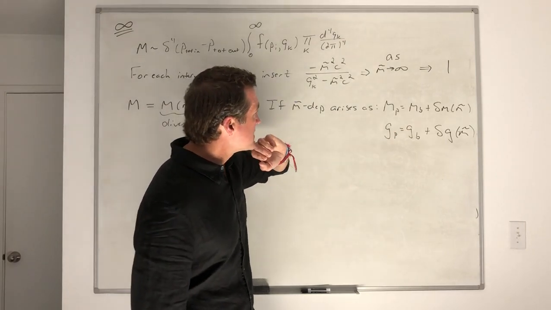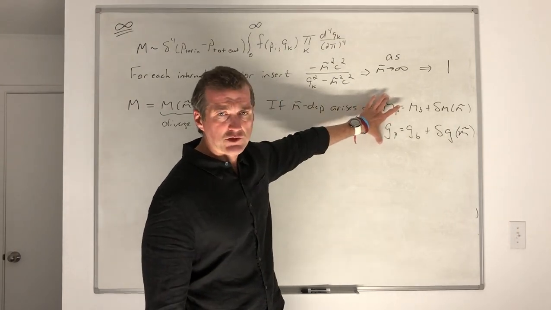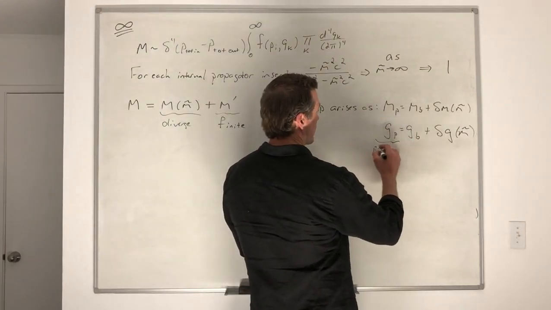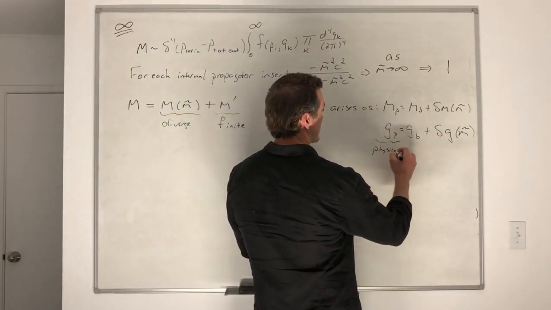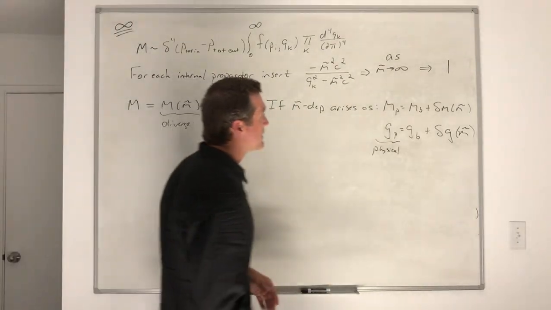But we realize, no, actually, these are the things that we actually measure. So these are the physical values of quantities. These are the things that we measure at, for simplicity, zero momentum transfer.